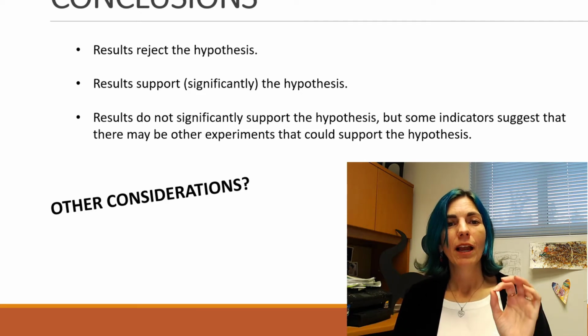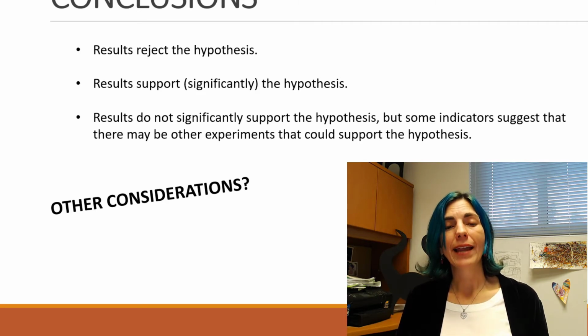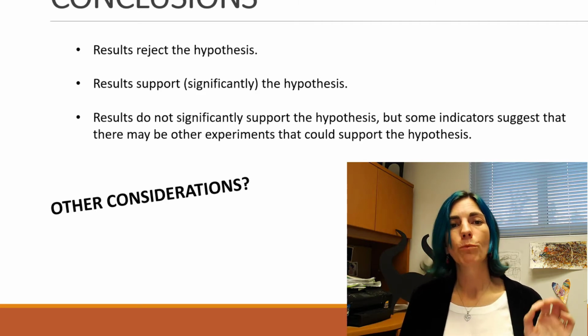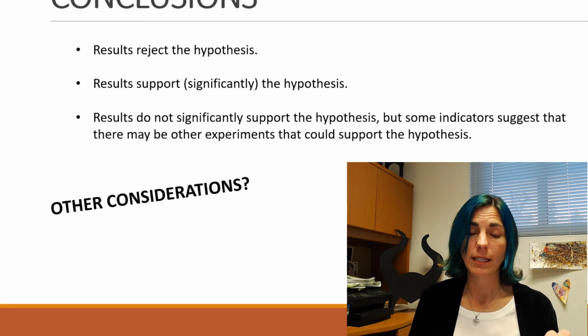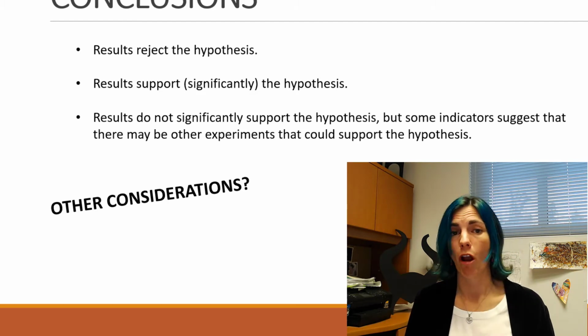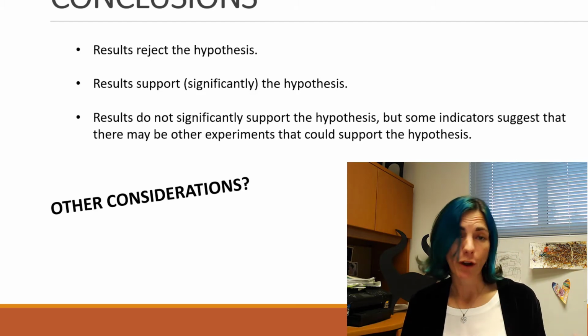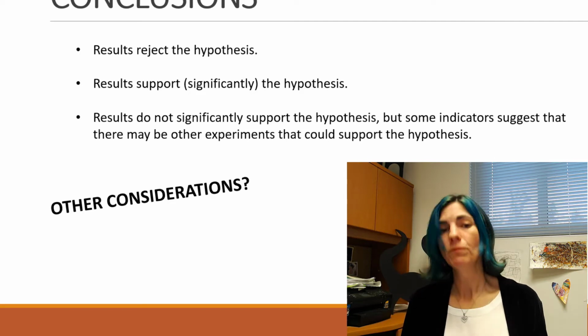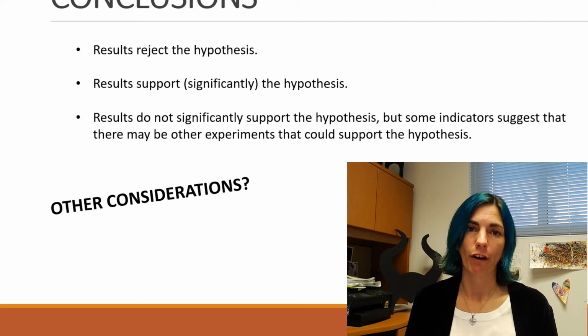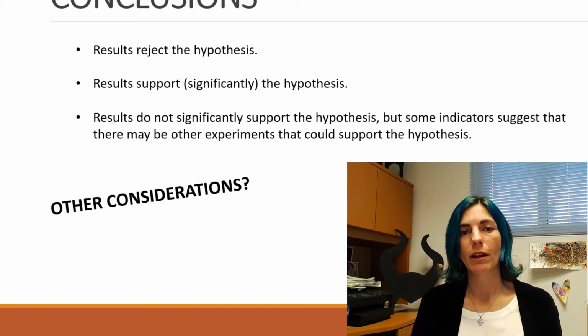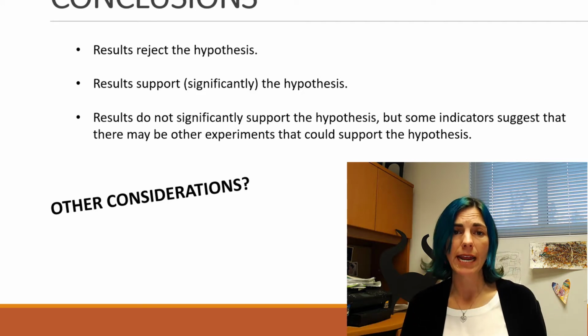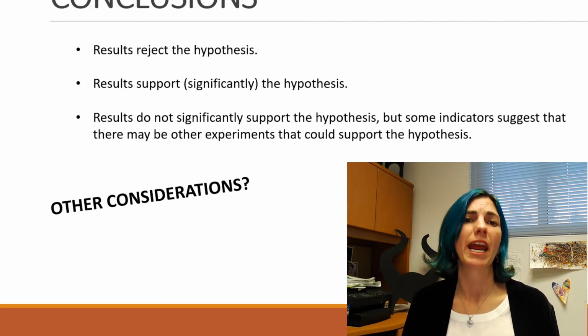Okay, one last thing, and that is just because the data does not support your hypothesis does not mean that you did something wrong and that you're going to fail or that you failed somehow. And it does also not mean human error. I read a number of student reports where they say, oh, the data did not support my hypothesis, human error.